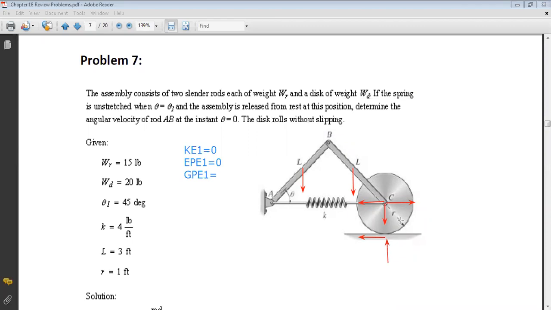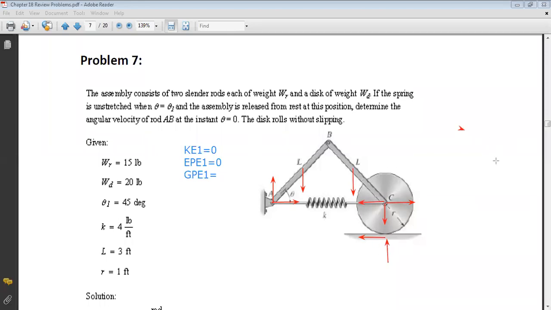No. If you consider the disk as your system, drawing the disk alone without the rods and without the pin, because if you take the whole system, you should also add the pin reaction, AX and AY. But to do the analysis well, I will take only the disk.